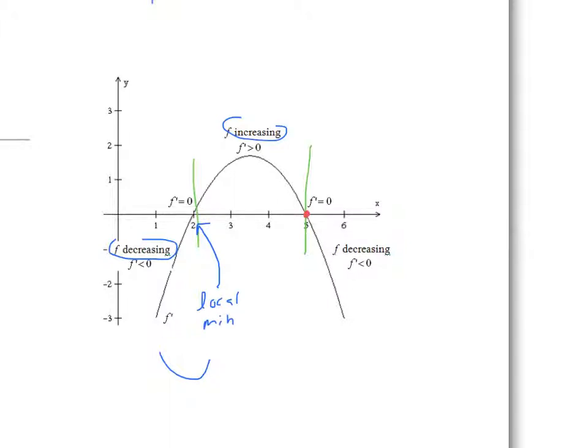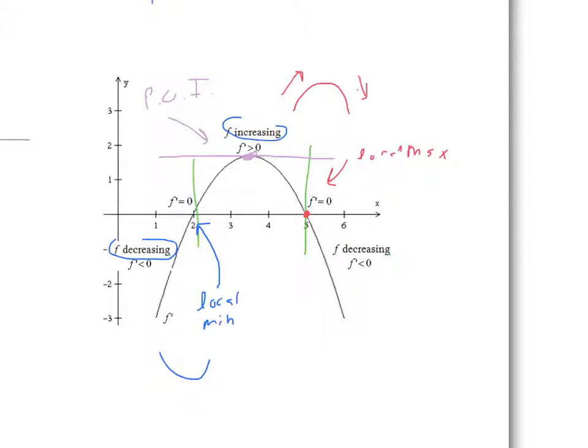At this point, the function's changing from increasing to decreasing, slopes go from positive to negative, we have a local maximum. And at this point right here, the derivative is changing from increasing to decreasing, so we would have a point of inflection because our derivative is changing from increasing to decreasing.